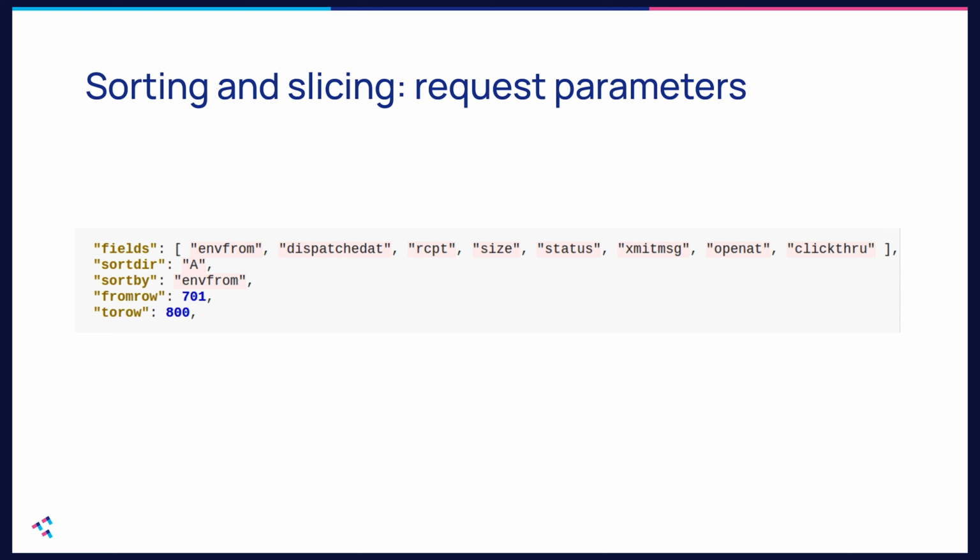So this is what is used to slice out a set of 100 matching records from the 701st record to the 800th record. So these 5 parameters show an interesting aspect of all list calls: the fields, the sorting, and the horizontal slicing. Vertical slicing, sorting and horizontal slicing.